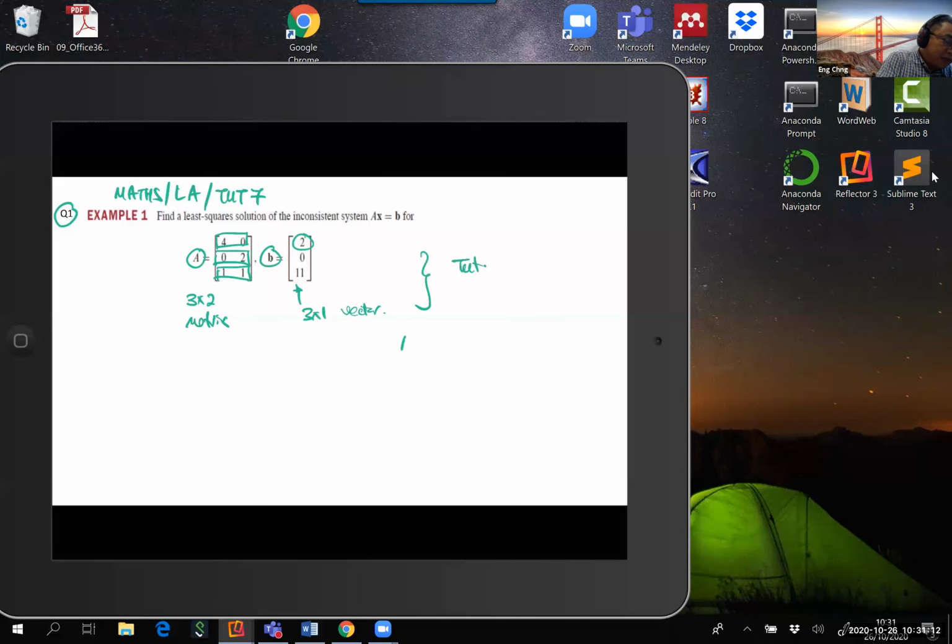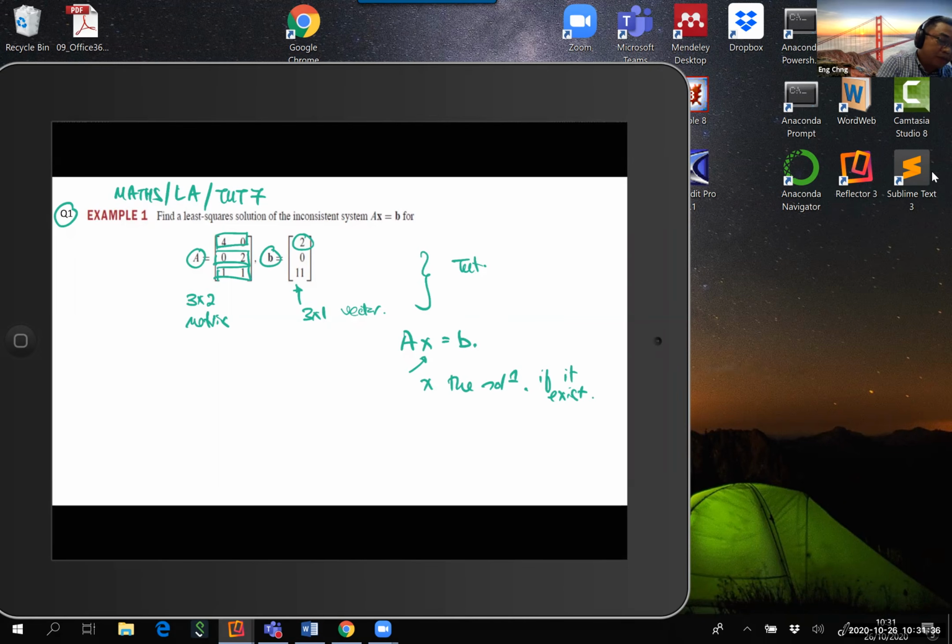The problem is to find X such that AX equals B. If we can find such an X, then we call X the solution, if it exists.